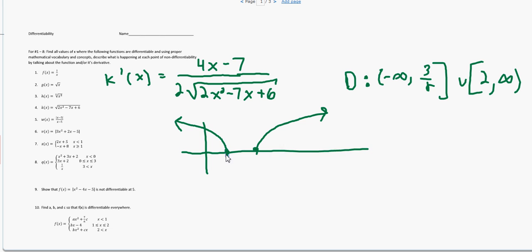You could also try and take the derivative here, the limit as x goes to 3 halves from the right, and you're going to find out that that is an infinite tangent, a vertical tangent.